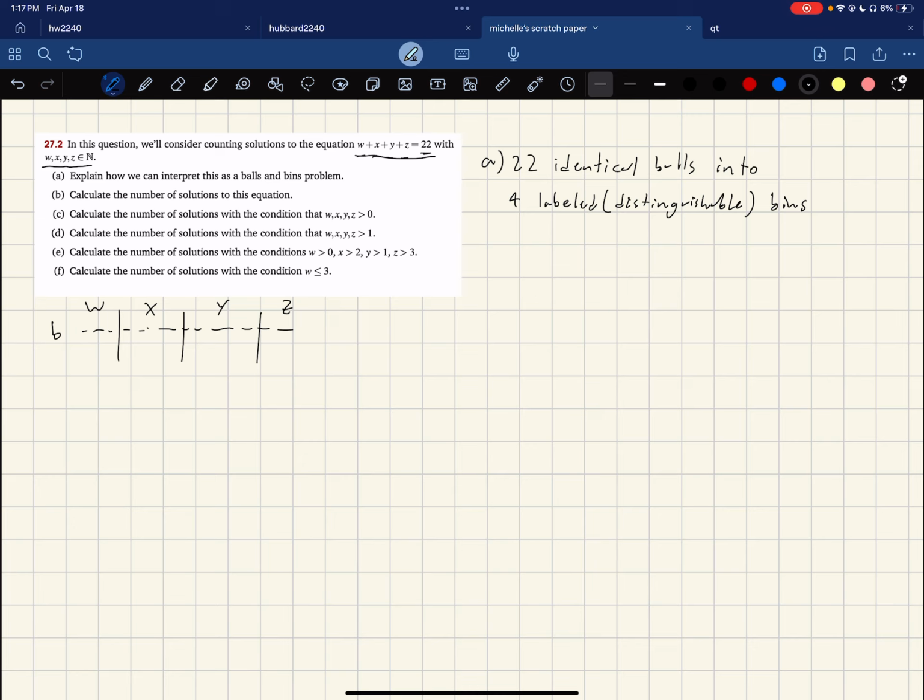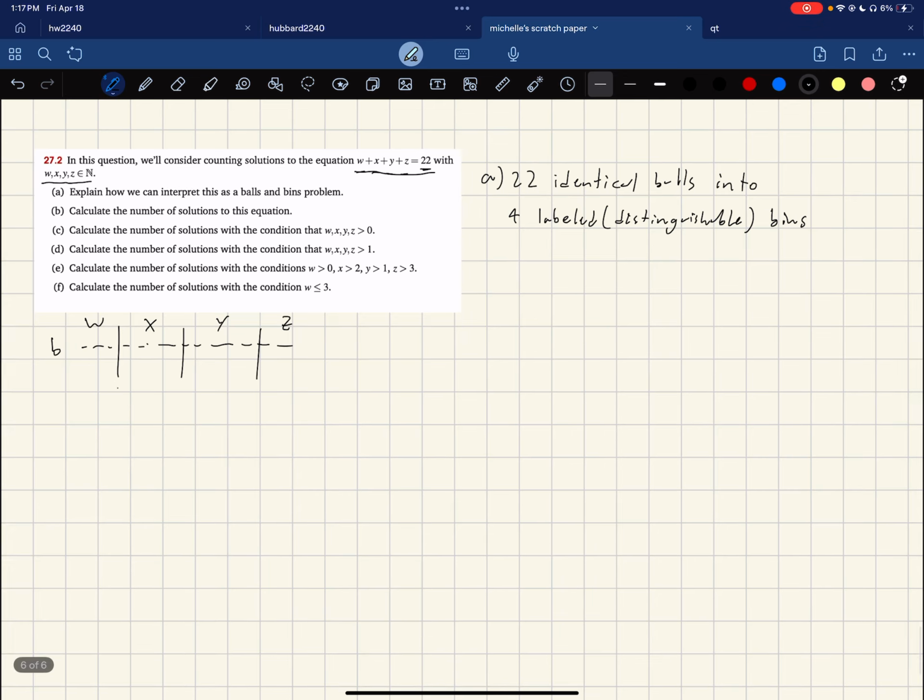So if we count the number of ways to organize these 3 bars and 22 stars, we have 22 plus 3 factorial over 22 factorial, because all the stars are identical, and 3 factorial, because all the bars are identical. So this is equal to 25 choose 3.